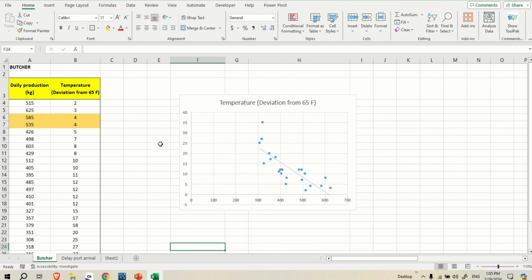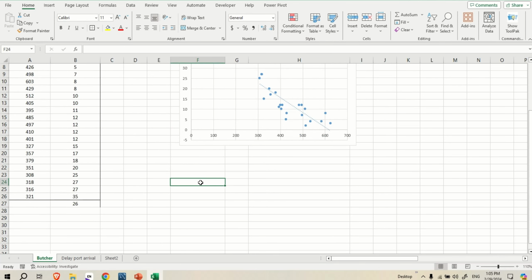So what do we do? The first thing we need to do is get our slope, because we know that we can relate this in a straight line, although this is not really a perfect straight line, because ideally all these dots should be on this line. So this is not really a perfect model.